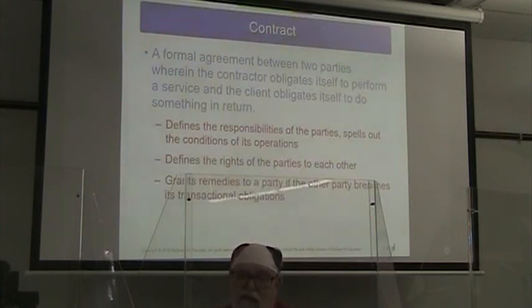So we define the responsibilities of the parties, spell out the conditions of its operations, define the rights of the parties to each other, and it gives remedies to a party if the other party breaches its transactional obligations. Now, most of the time when we make contracts, it's like an oral handshake agreement, okay?